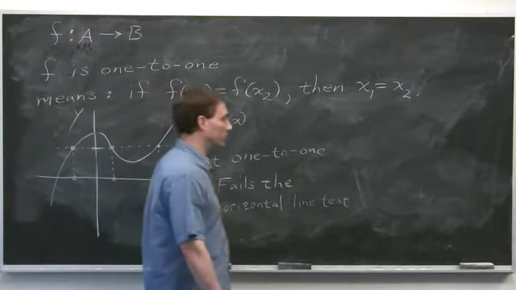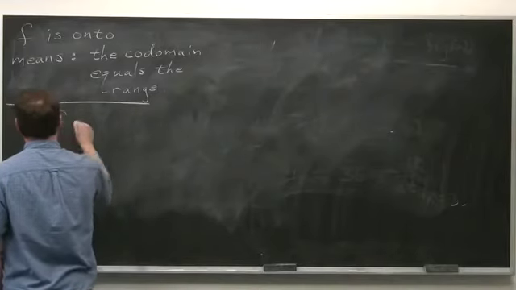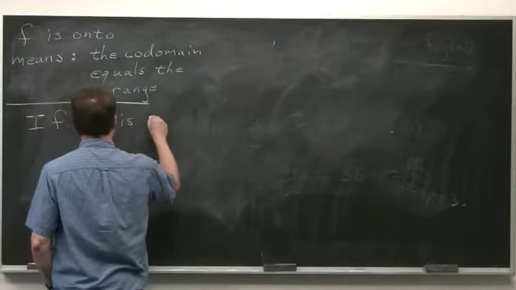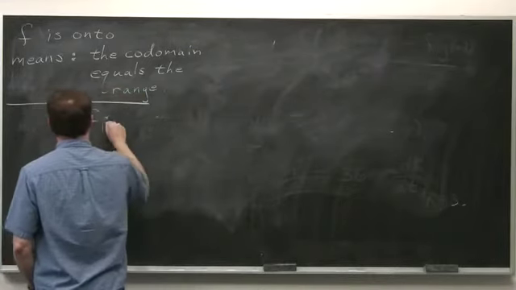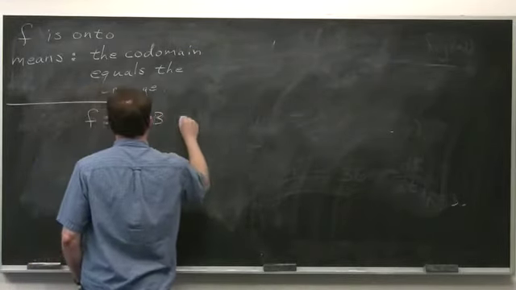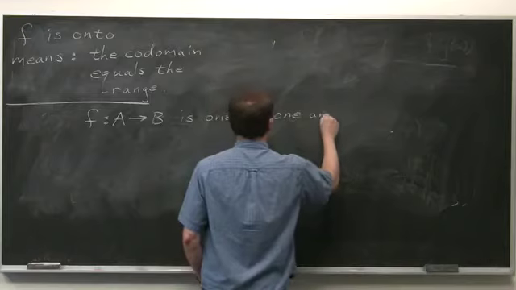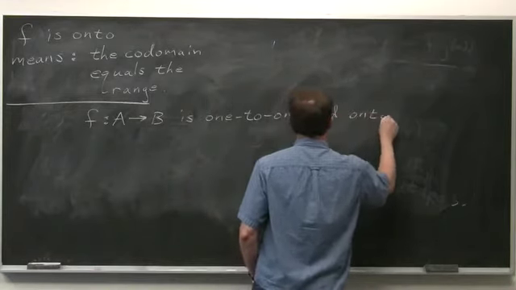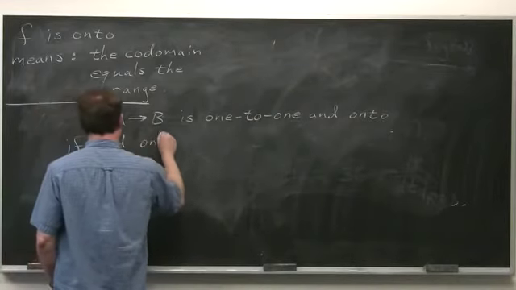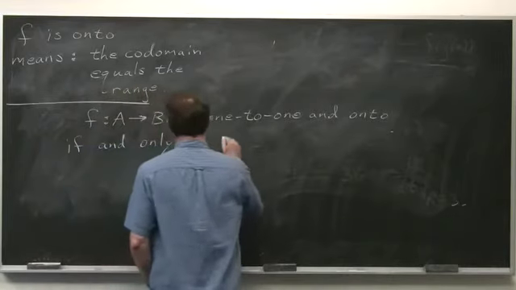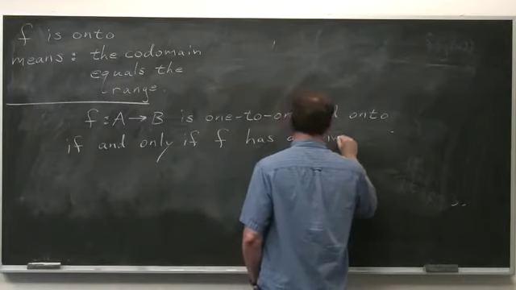But if you have a one-to-one and onto function, so if f from A to B is one-to-one and onto, if and only if f has an inverse function, and if it has one, there's only one.